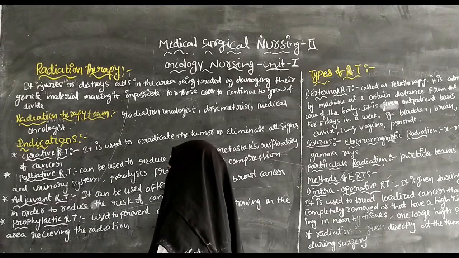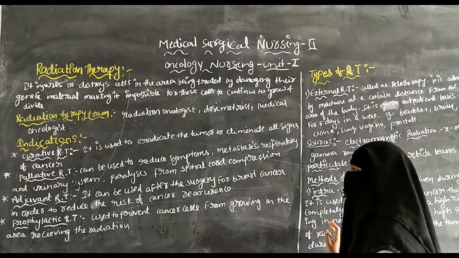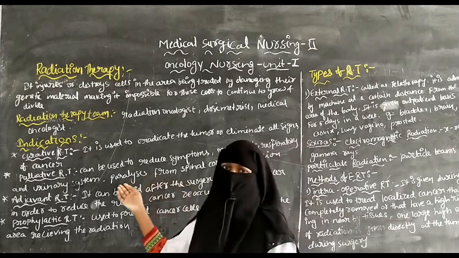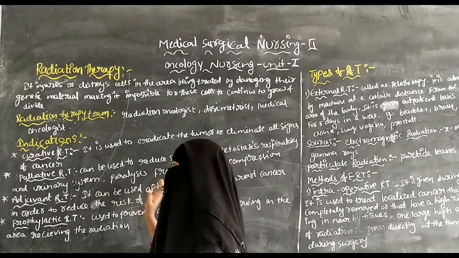Paralysis can occur because of spinal cord compression. If the patient has spinal cord compression, there is a chance of paralysis, which we can decrease by palliative radiation therapy.